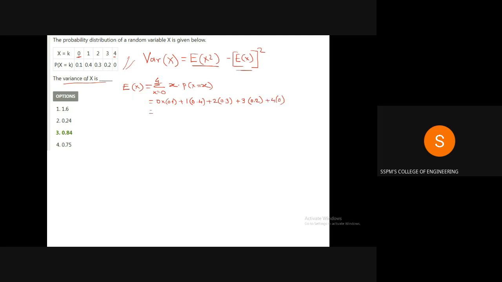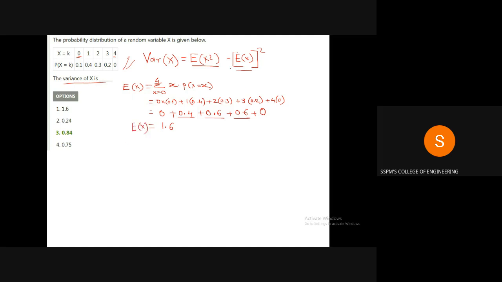So we will just multiply every term and then add them together. What is 0 into 0.1? It is 0, plus 1 into 0.4 is 0.4, plus 2 into 0.3 is 0.6, plus 3 into 0.2 is again 0.6, plus 4 into 0 is 0. So what is the addition here? It is 1.6. It is 0.4 plus 0.6 is 1, and 0.6 more is 1.6.